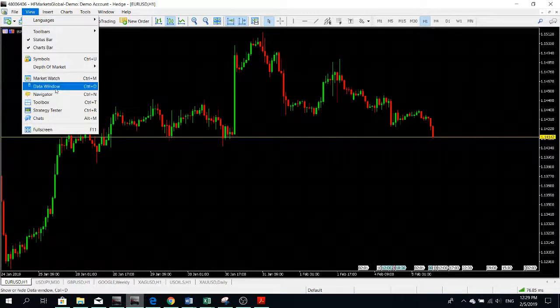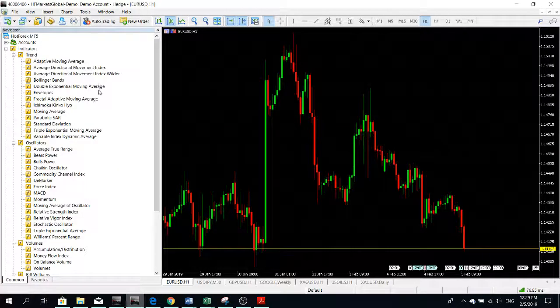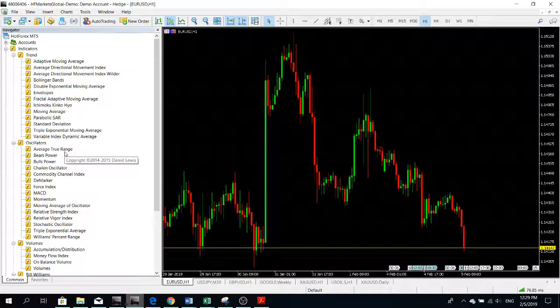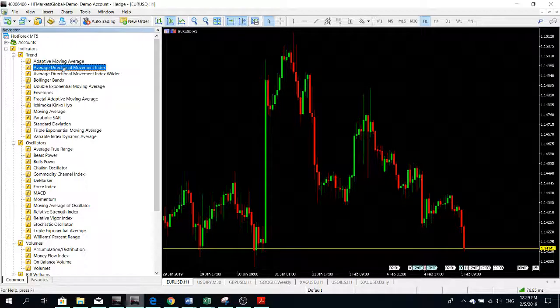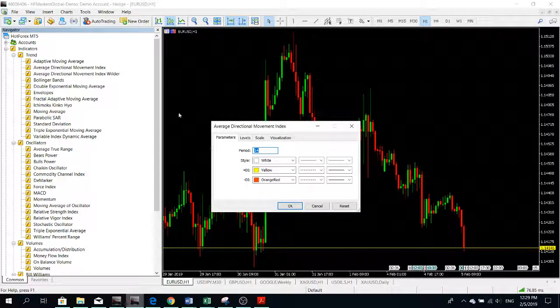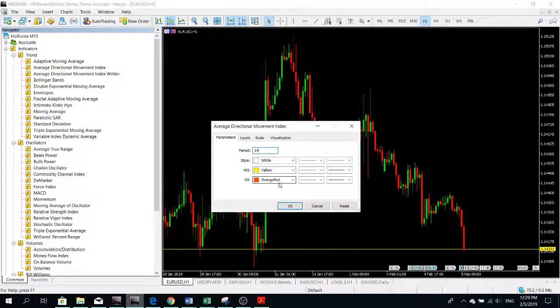So let's add the indicator, Average Directional Movement, which is ADX. The period I'm using is 14. In the style, the ADX line is going to be the white line, the yellow line is going to be DI plus, and DI minus is going to be green.